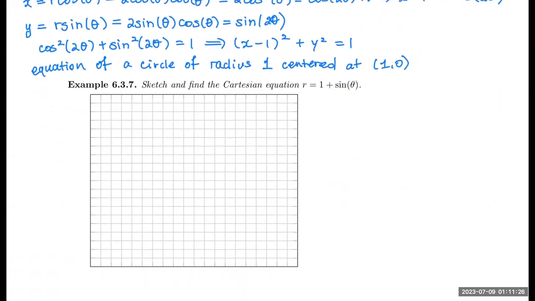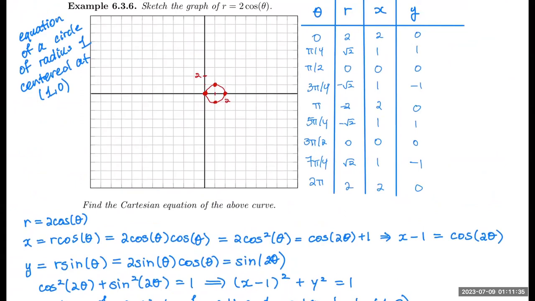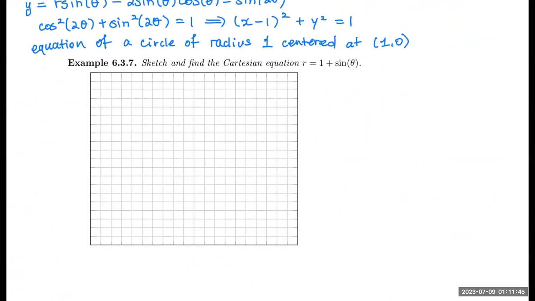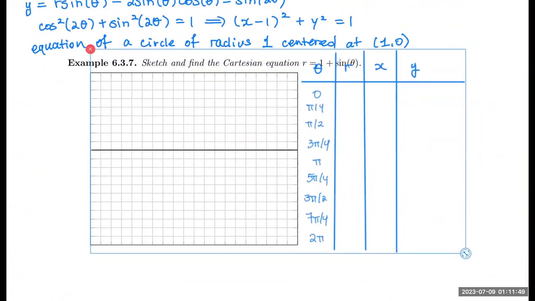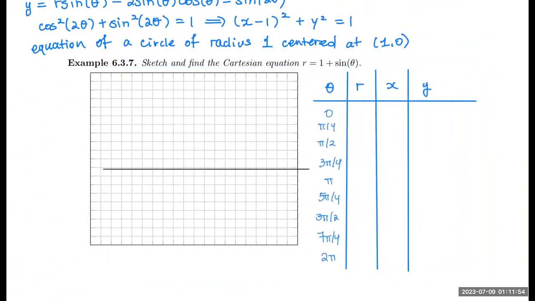For the second one, let us try to sketch r is equal to 1 plus sine theta. So using the same table that we have used above, I'll just copy this much and paste it here.